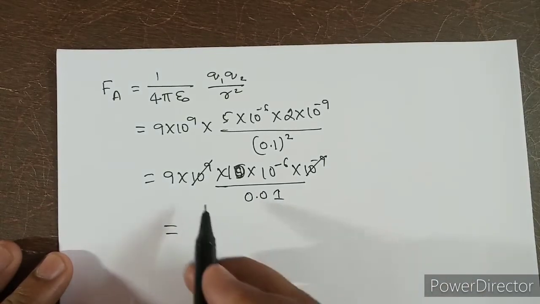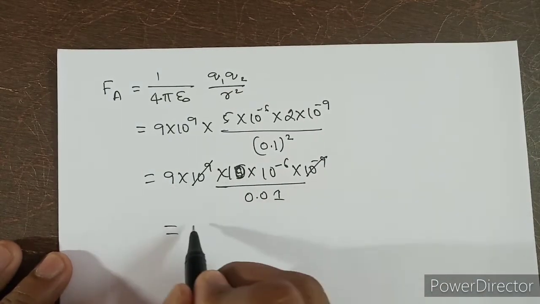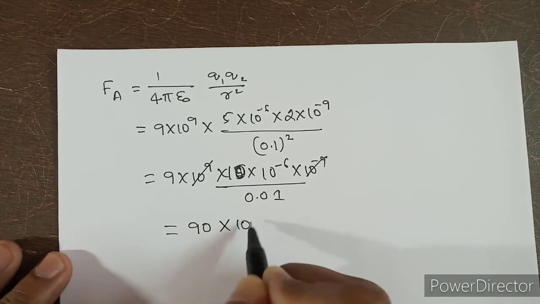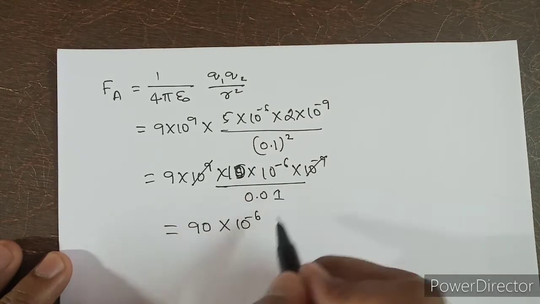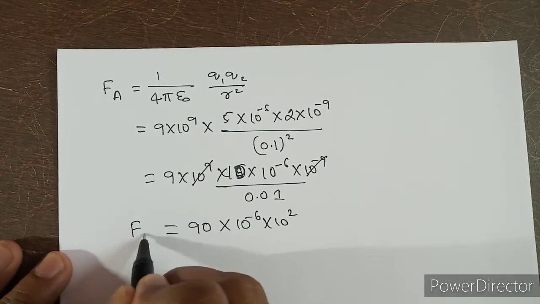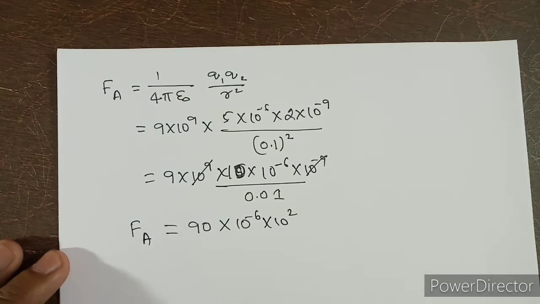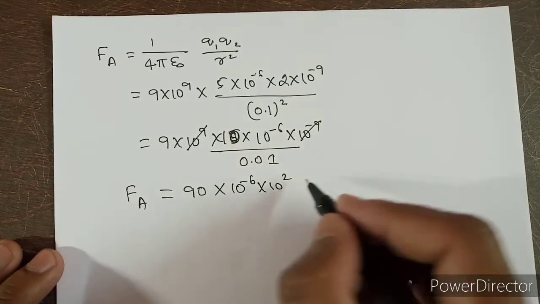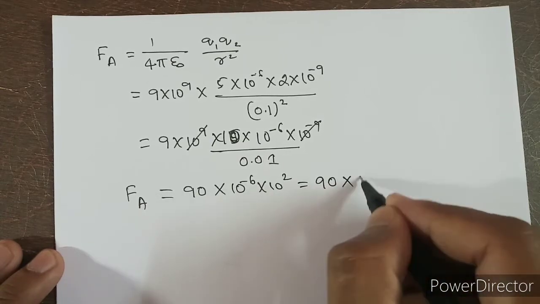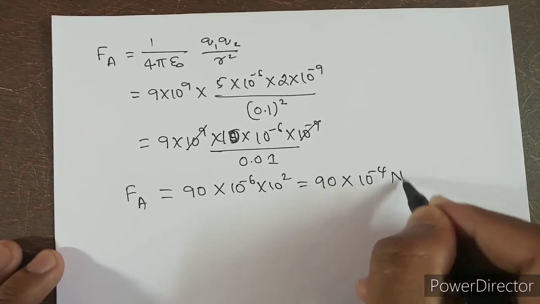So that is equal to 90 into 10 to the power minus 6. If this comes to the numerator, it will become 10 to the power plus 2. So the force on the test charge due to the charge placed at A is this much. How much is that? 90 into 10 to the power minus 4 Newton.